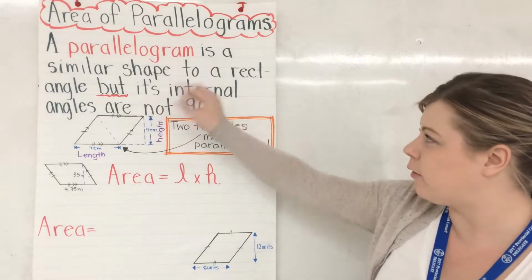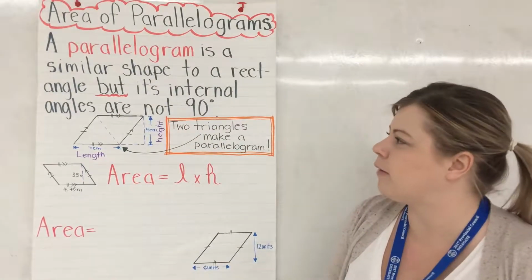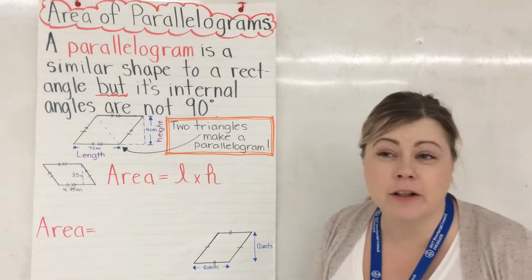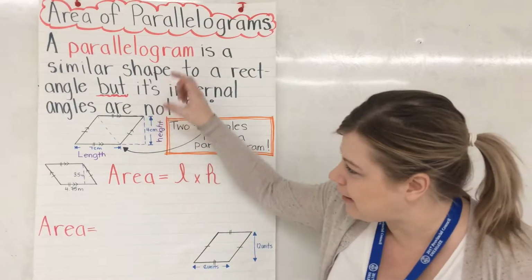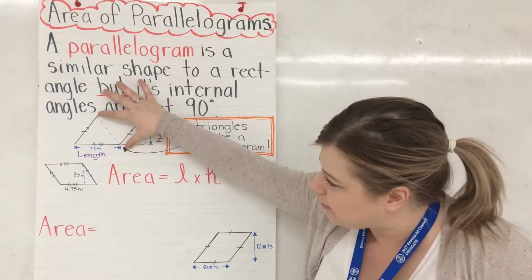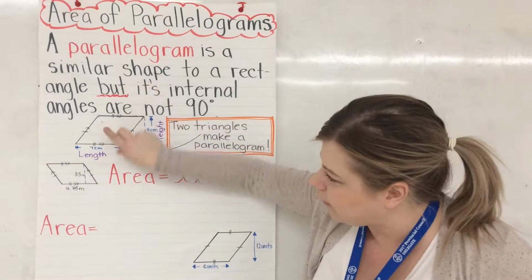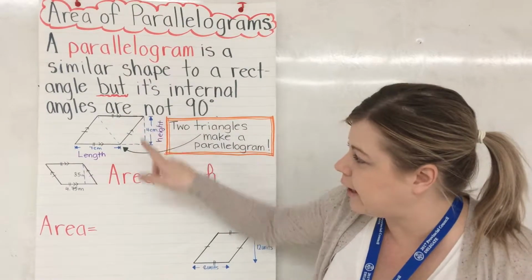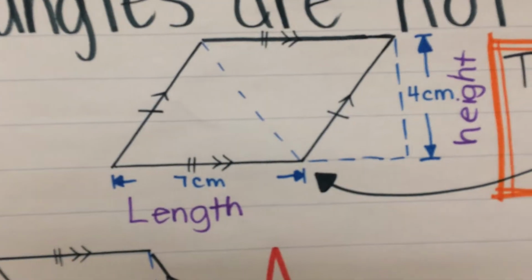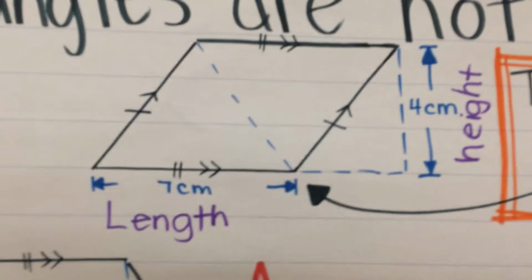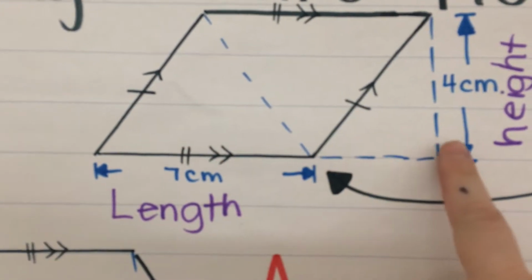So a parallelogram is a similar shape to a rectangle, but its internal angles are not 90 degrees. So you can see it's kind of like a square that's been squished at the corner to sort of make obtuse and acute angles in it. You'll notice that the length of a parallelogram does not start from back here.